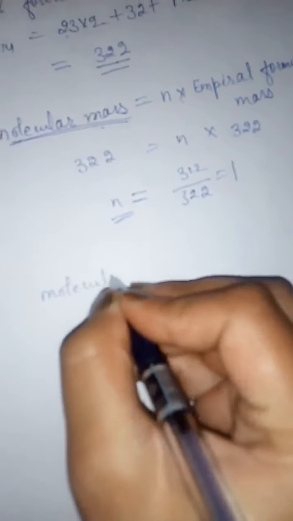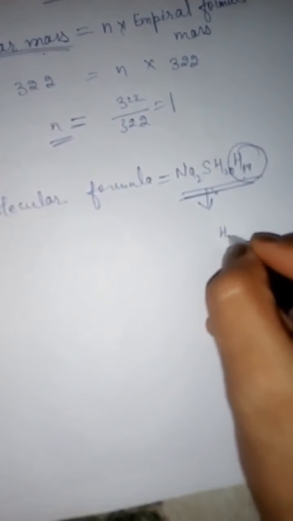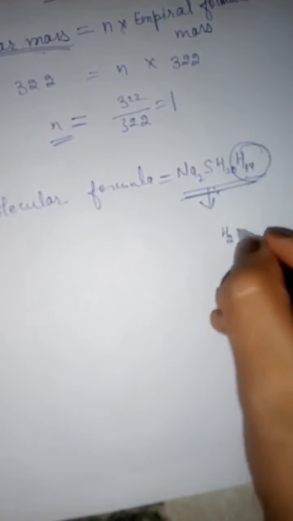So the molecular formula will be the same as that of the empirical formula, that is Na2SH20O14. But all hydrogens are present as water of crystallization. Water of crystallization means water, H2O.